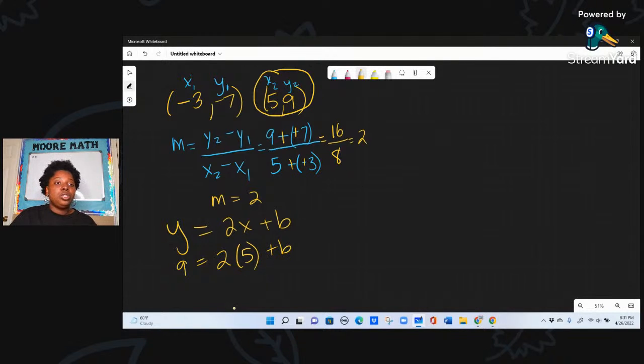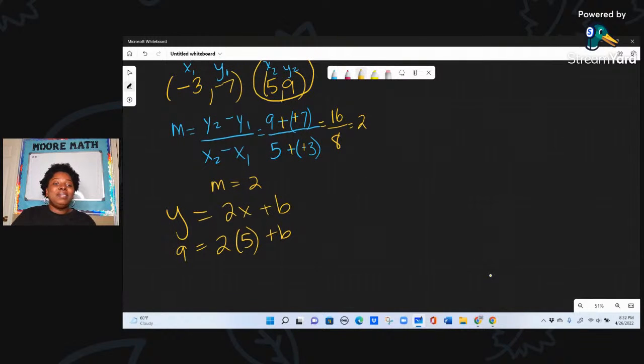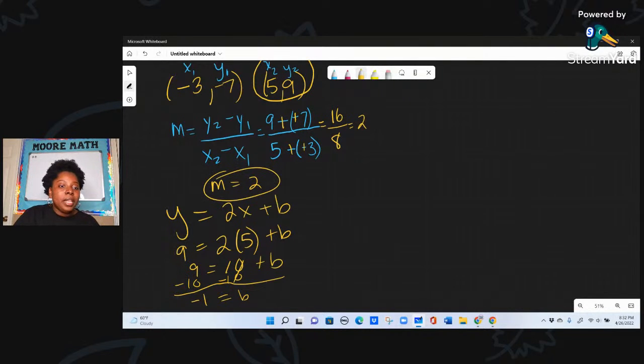So 2 times 5 is 10 plus b. And then to get rid of this 10 and solve for b, we're going to subtract. I just can't get rid of these negatives, but that's okay. B equals -1.